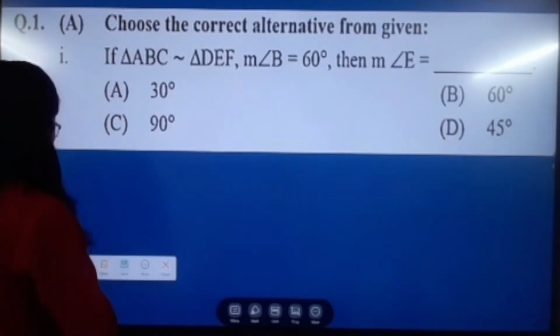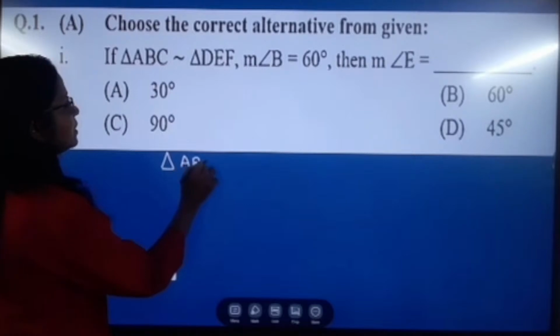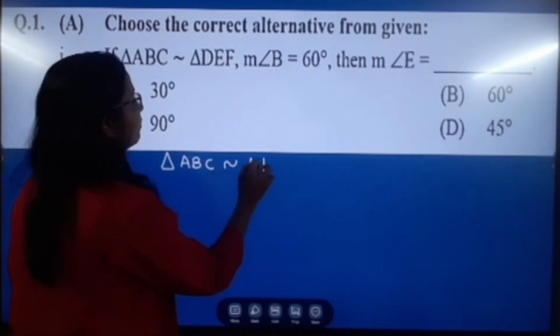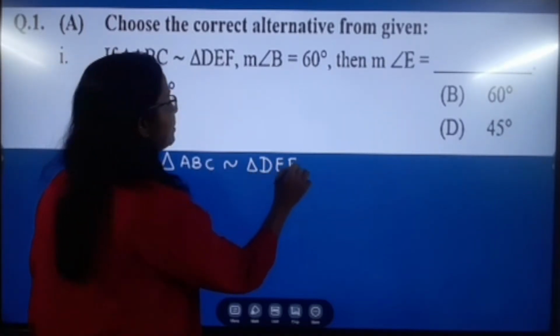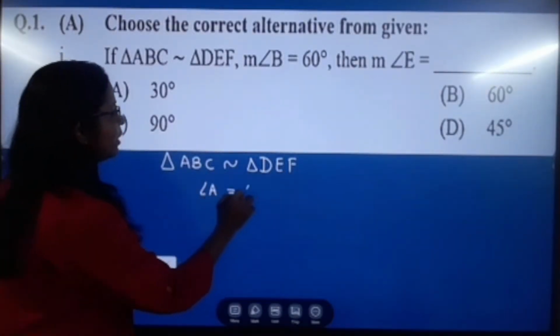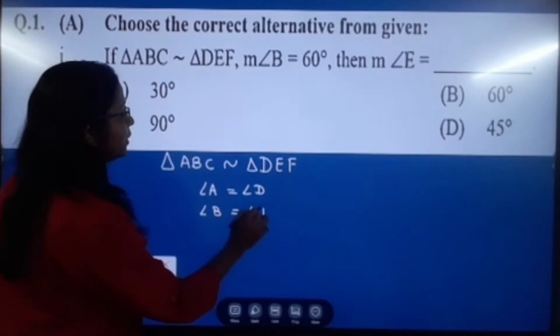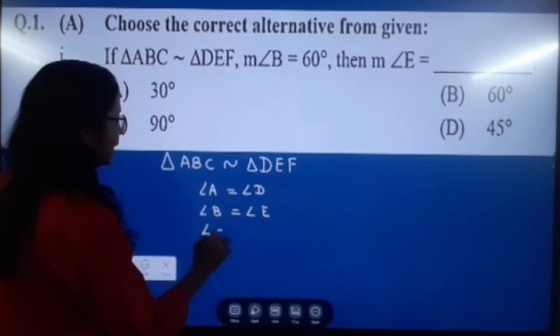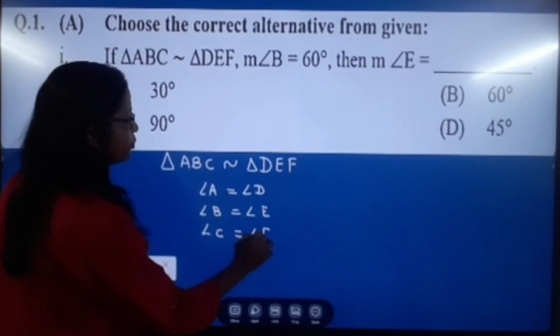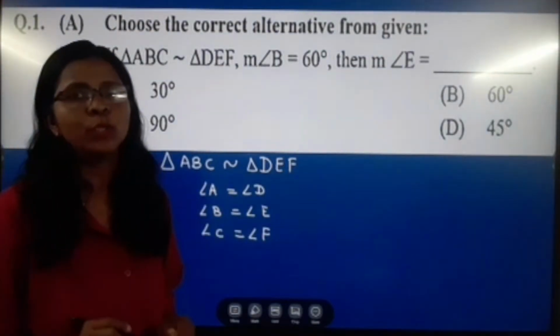So here students, given is that triangle ABC is similar to triangle DEF. That means angle A is equal to angle D, angle B is equal to angle E, angle C is equal to angle F. Each and every corresponding angle is congruent.